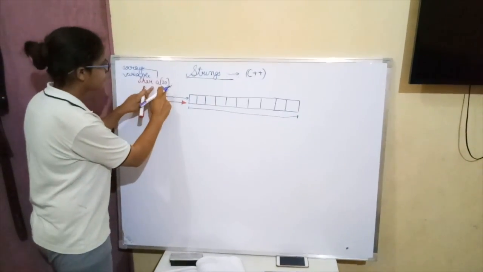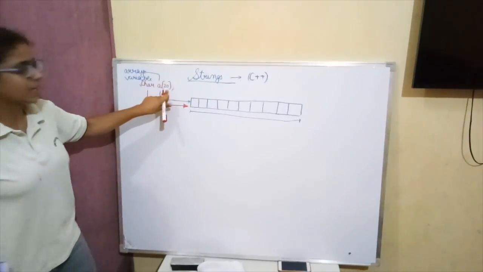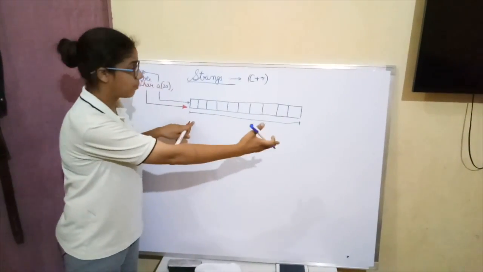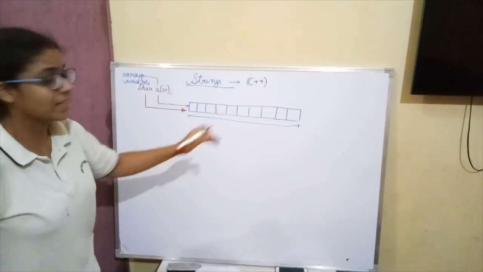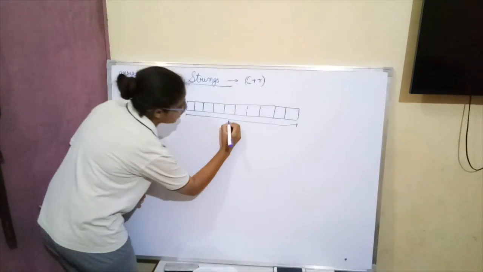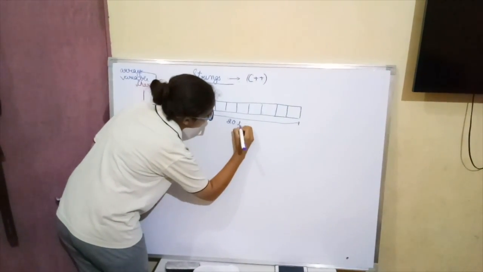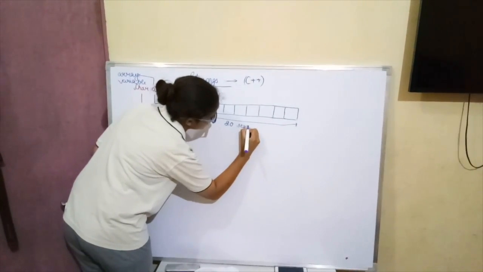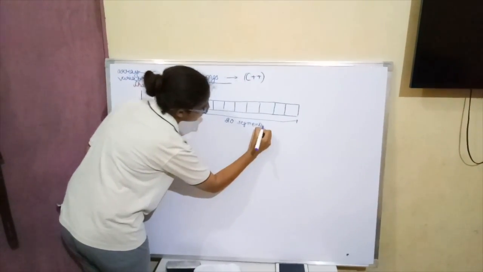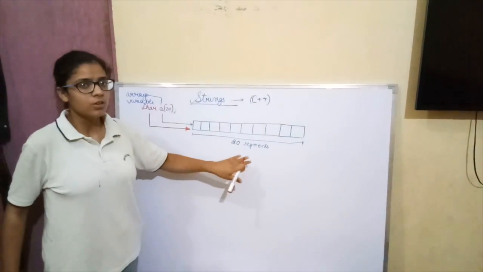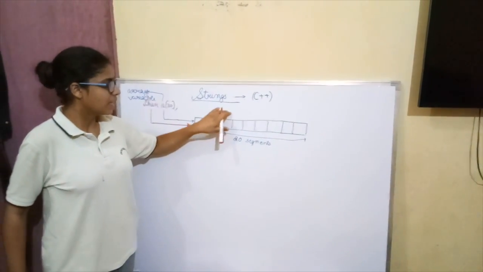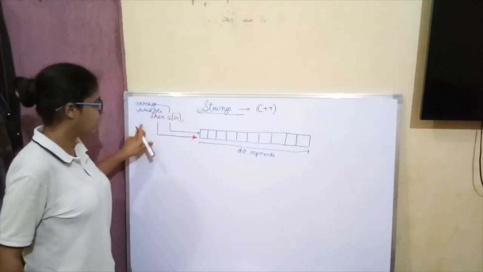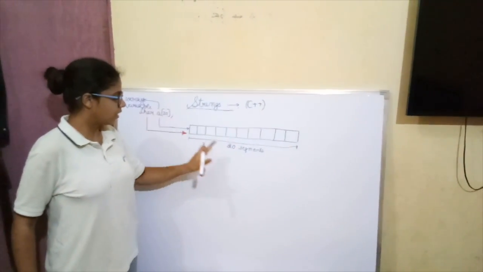If we have declared the index number as 20, consider it as 20 segments. The execution of this statement makes space in the RAM for storing our characters in 20 segments.